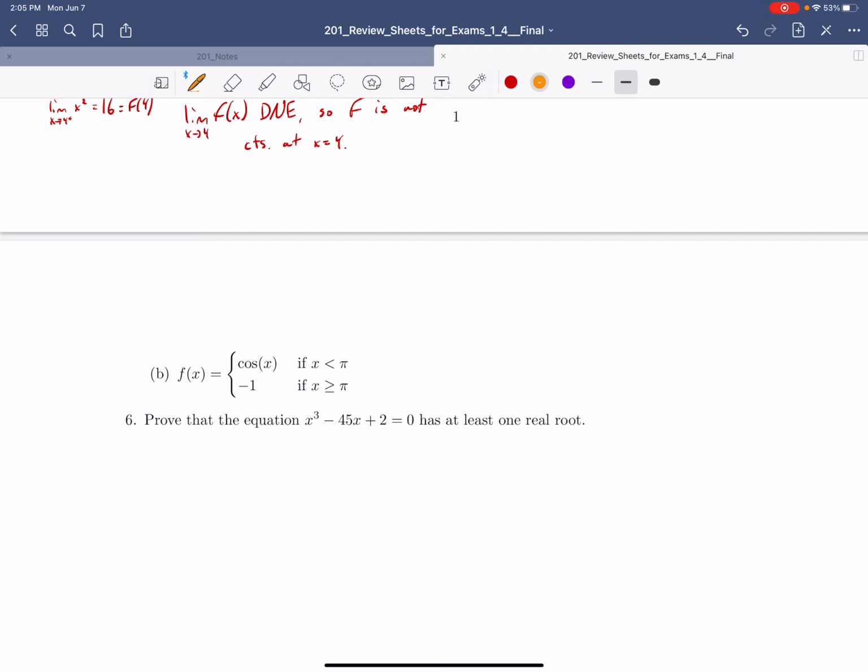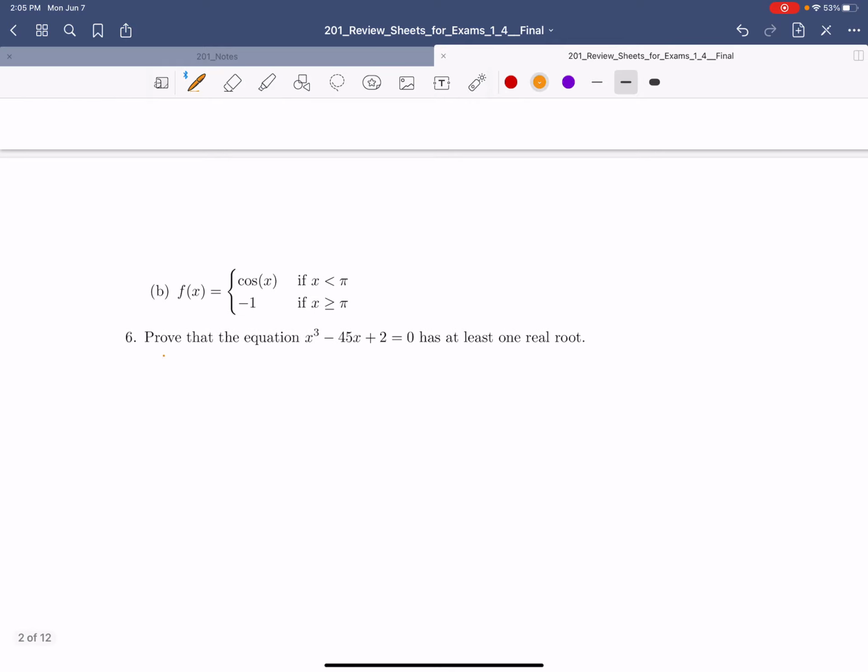Maybe number 6, too. Yeah, let's just do number 6 to round it out, okay? Just remember, first off, you're going to want to let f of x equal x cubed minus 45x plus 2. So f is continuous. Make sure to mention that your function's continuous.